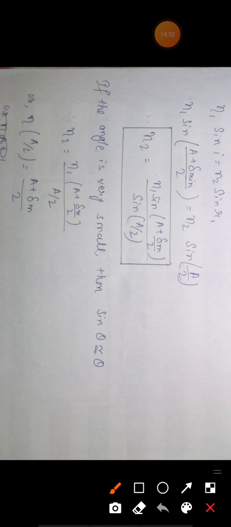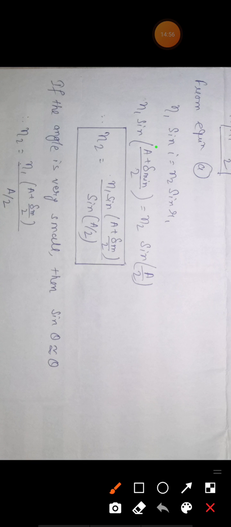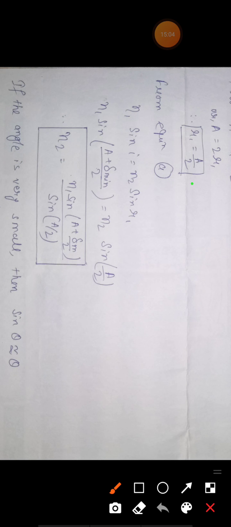So we have replaced i with A plus delta minimum by 2. And what is the value of r1? We found r1 is A by 2. So in place of r1 we can write A by 2. Cross multiplying, n2 will be n1 sine of (A plus delta minimum by 2) divided by sine of A by 2.